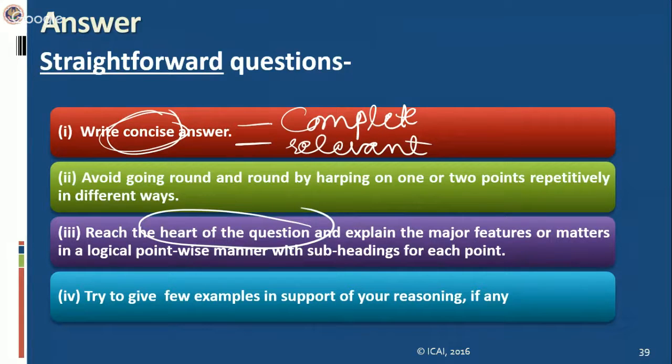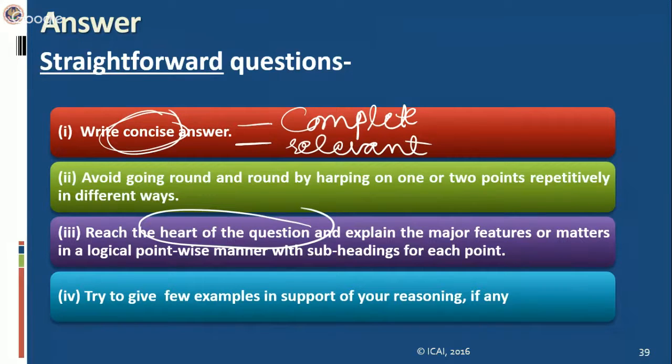So you should try to reach at the heart of the question, which means you should understand that important part which you need to answer in an efficient and effective manner. So enhance your understanding and try to reach out at that level, so that particular point is not missed out while writing your answer.